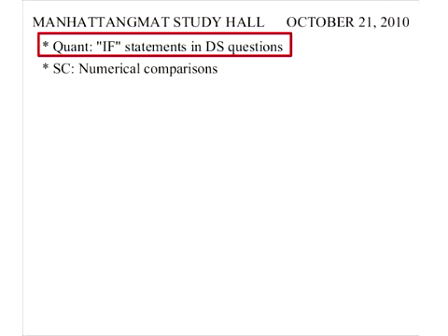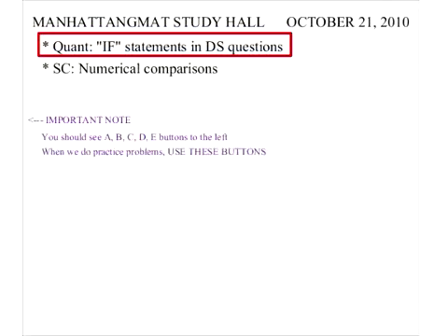Important note, there should be buttons over here on the left-hand side of your screen. You should see A, B, C, D, E. When we do practice problems, use these buttons.